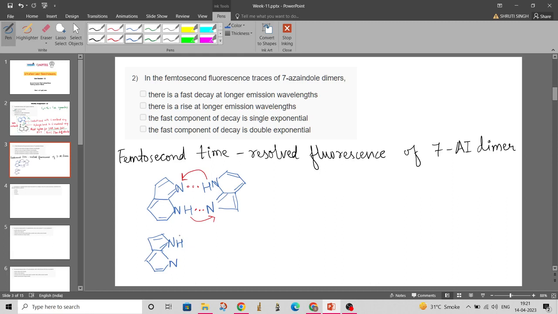So the 5-membered ring here is the covalent bonding. Now let me show the exchanged protons by green.